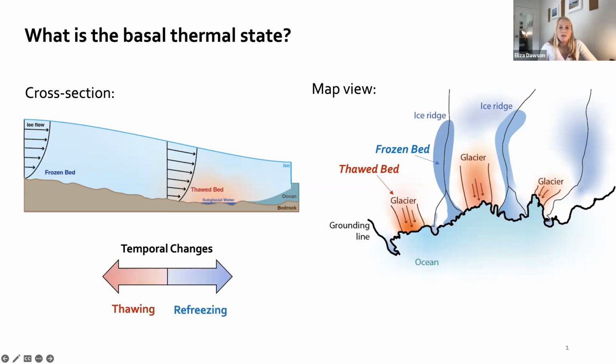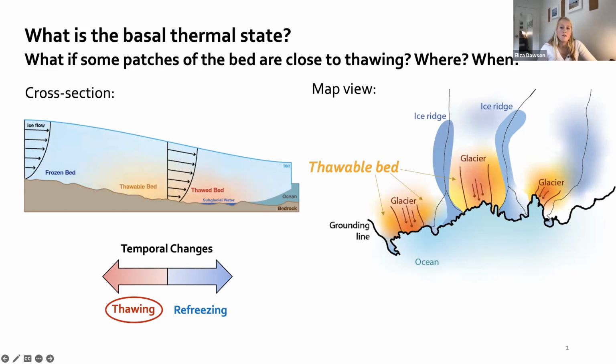Now I want us to move beyond these snapshots in time, and I want us to consider temporal changes in the basal thermal state. Here you can see this can be broken into two processes, basal thawing and refreezing. While both processes can affect the behavior and evolution of ice sheets, here I want to focus on basal thawing.